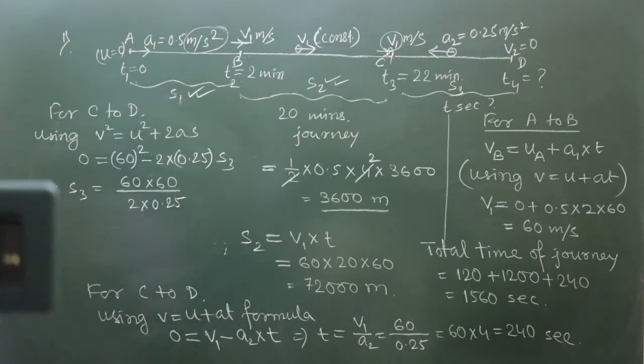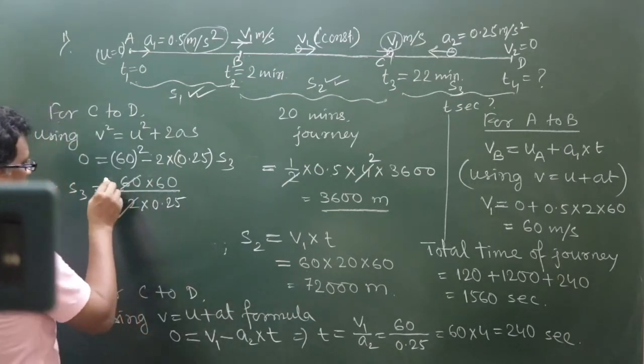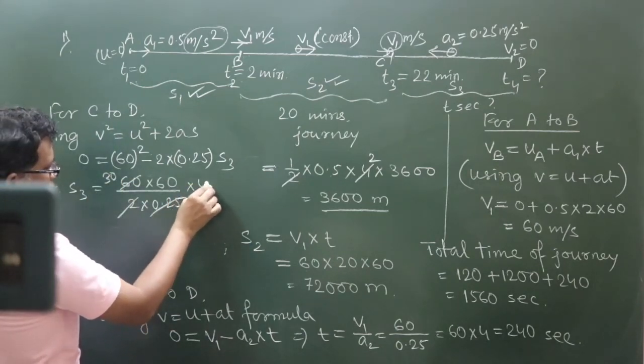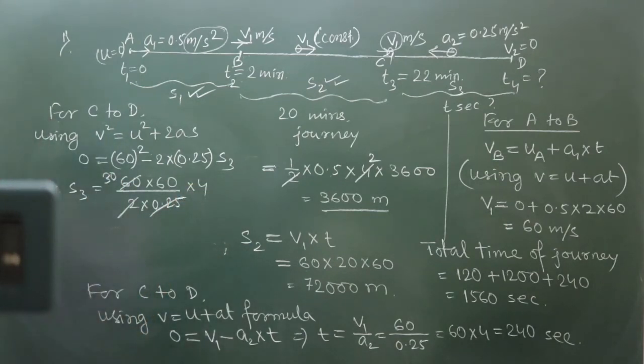Is that clear? So simply we can do it as 30, and I can multiply here by 4, isn't it?